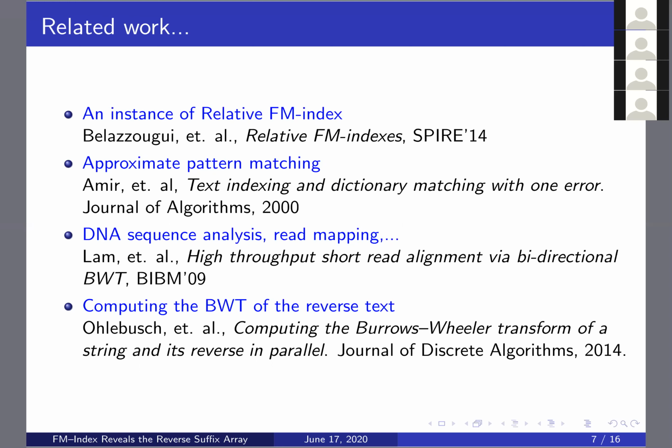You know the story for DNA sequencing technology: the reads can come from the forward strand as well as the reverse strand. So while matching a read towards a reference genome or some target DNA sequence, we need to consider its reverse complement as well.